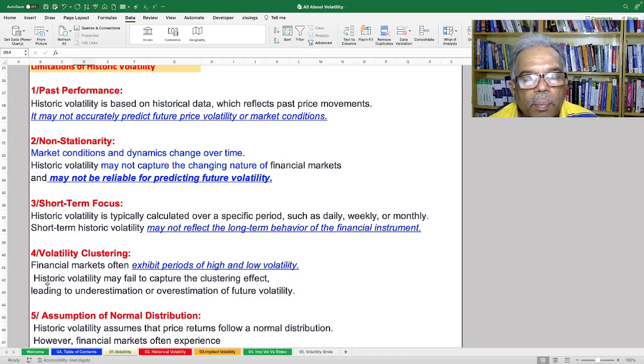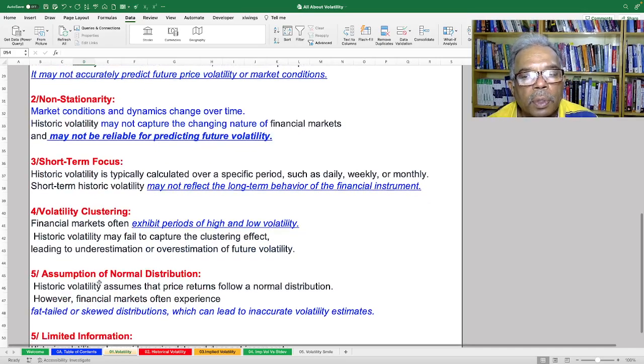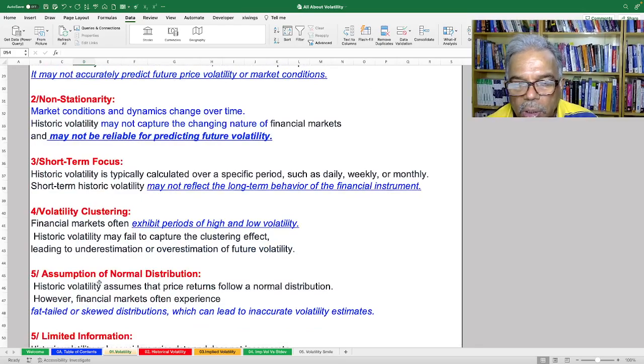Volatility clustering. Financial markets often exhibit periods of high and low volatility. So historical volatility may fail to capture the clustering effect, leading to underestimation or overestimation of the future volatility. Assumption of normal distribution. Historical volatility assumes that price returns follow a normal distribution.